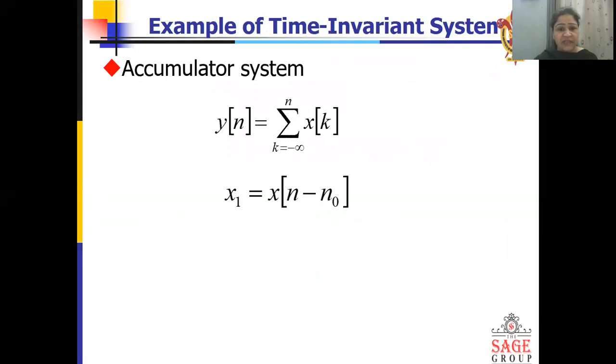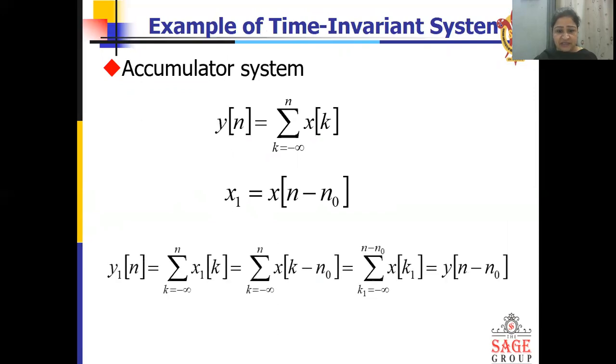Now, an example of the time invariant system is, say, the accumulator system, which I have already discussed. It is given as y[n], which is the output, equal to the summation for k from minus infinity to n of x[k]. Now say my input is delayed by n naught, that is x[n minus n naught]. In that case, y1[n] will be the summation for k from minus infinity to n of x1[k], where x1[k] is written as x[k minus n naught].